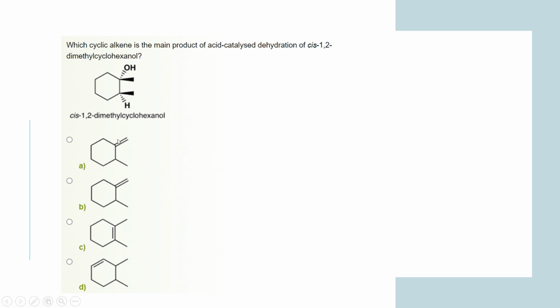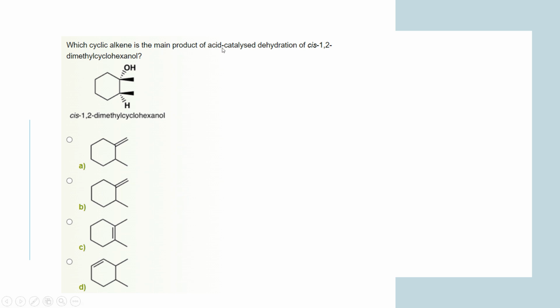Again, we just have to identify which product we will get. Either it will be Zaitsev or Hofmann. One of these two options you will observe in the reactions. You are given four different alkenes here. Let us analyze the mechanism that this reaction will follow.